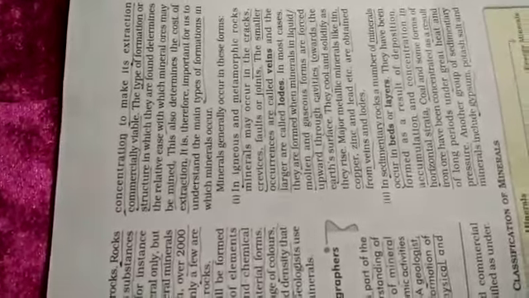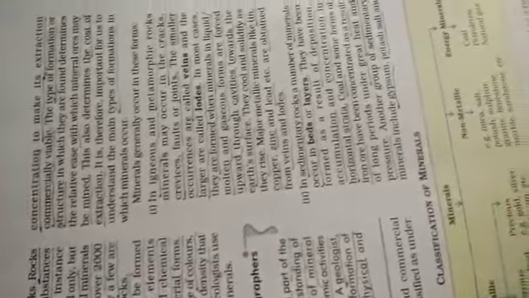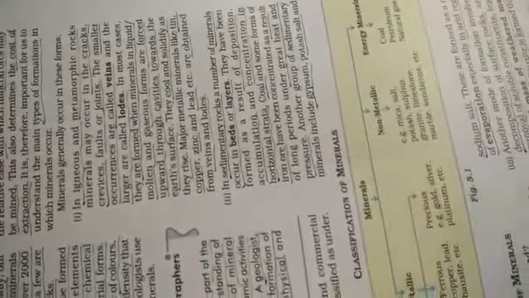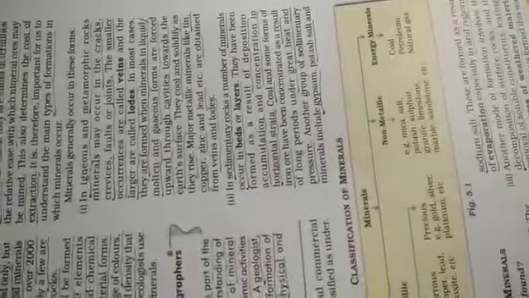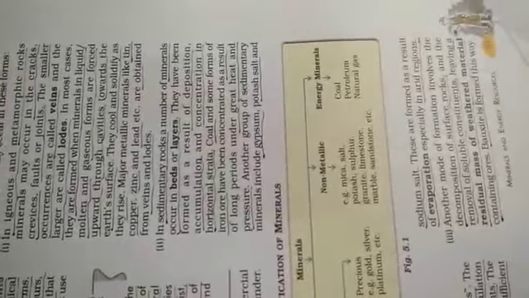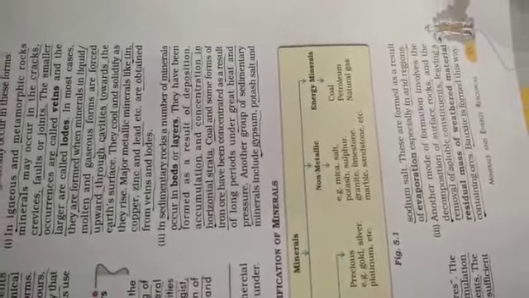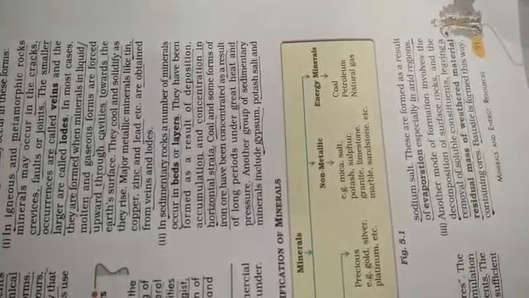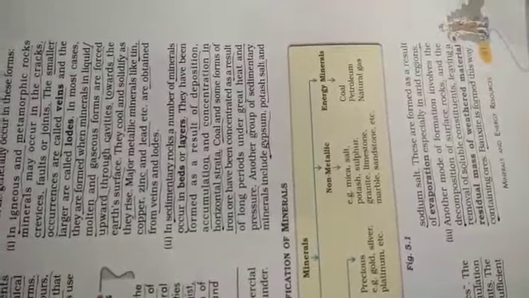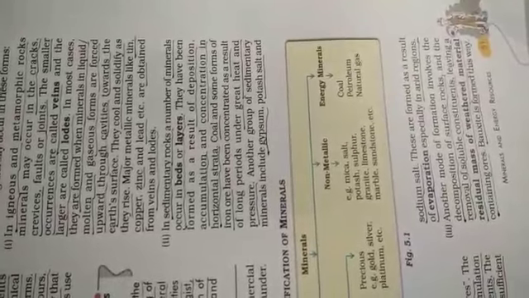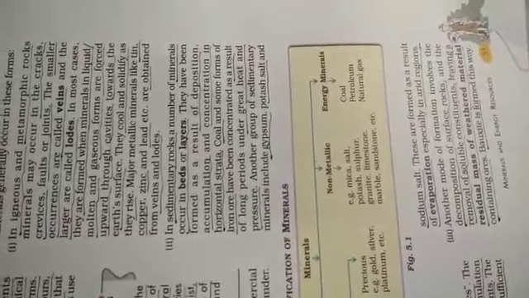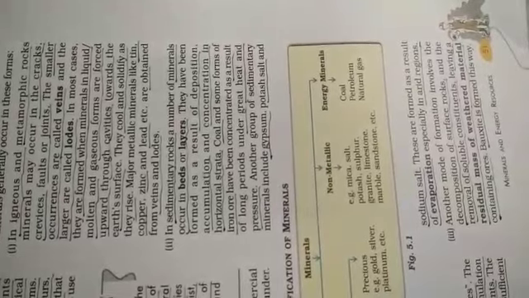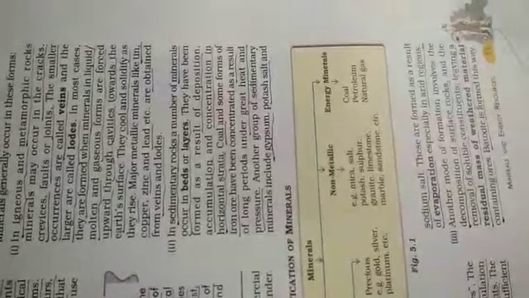Now come to the third. Another mode of formation involves the decomposition of surface rocks and the removal of soluble constituents, leaving a residual mass of weathered material containing ores. Bauxite forms this way.